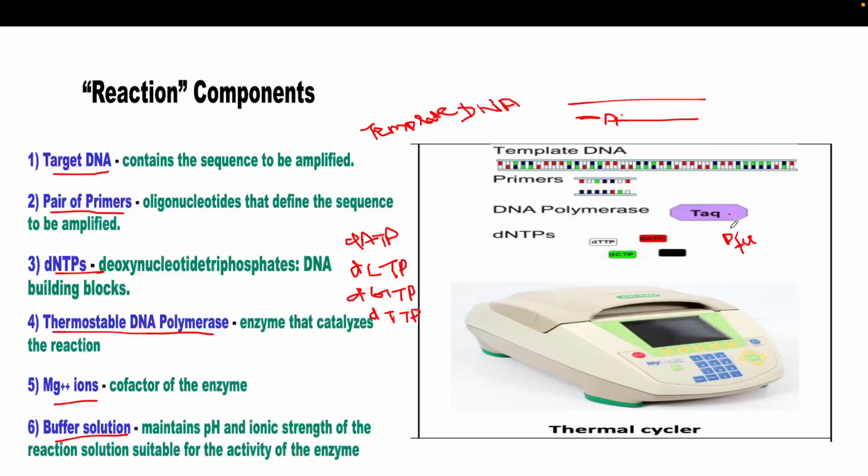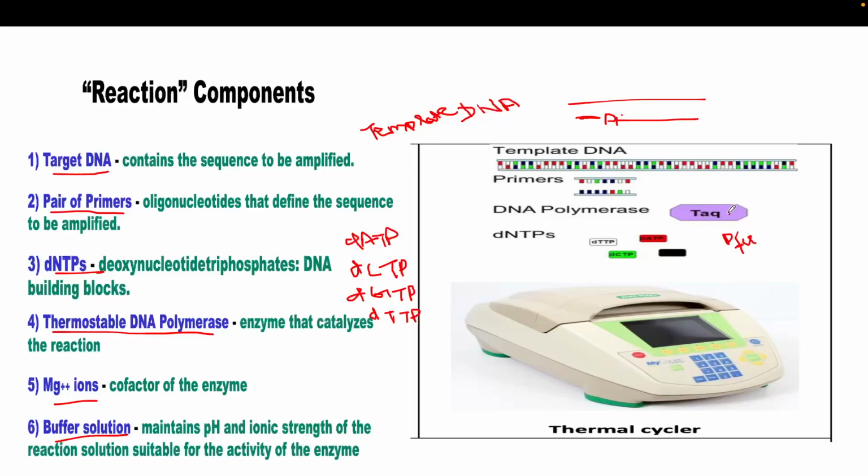Okay, but the difference between these two enzymes is that Taq polymerase does not have proofreading activity, whereas Pfu has proofreading activity. Okay, so when you want to do any sensitive kind of experiment like a mutational study, then you always go for Pfu.